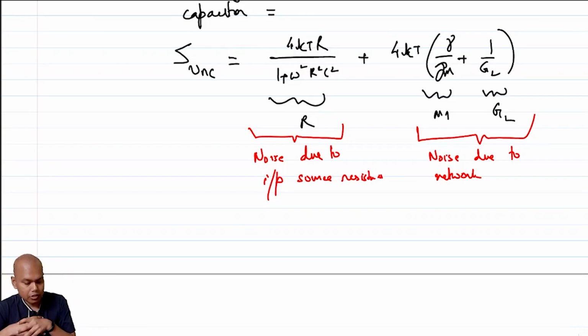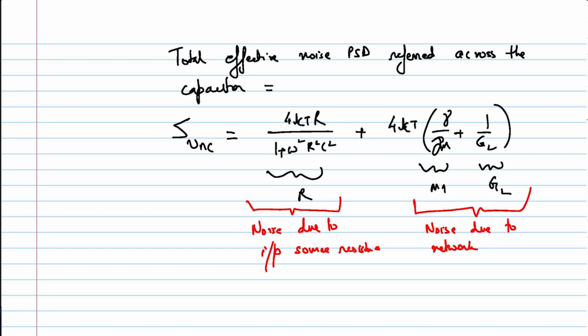So what is the ratio of the total noise at the output to the noise due to the source only? And why is that important?